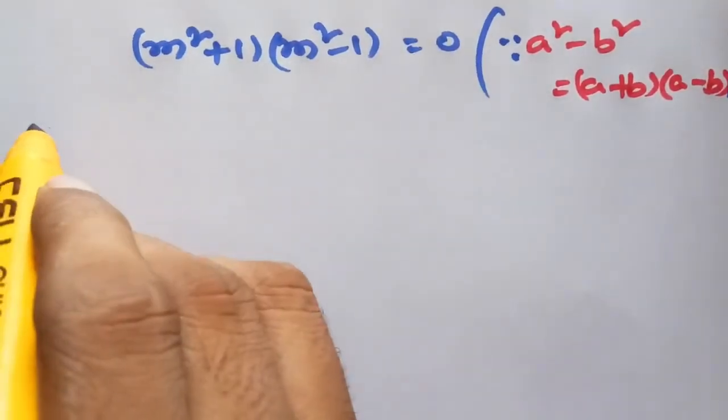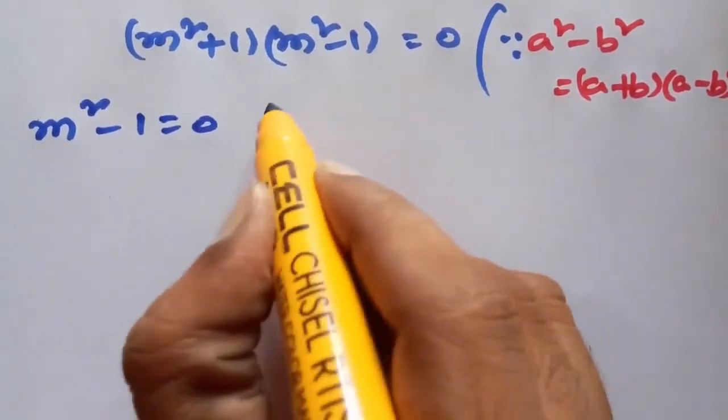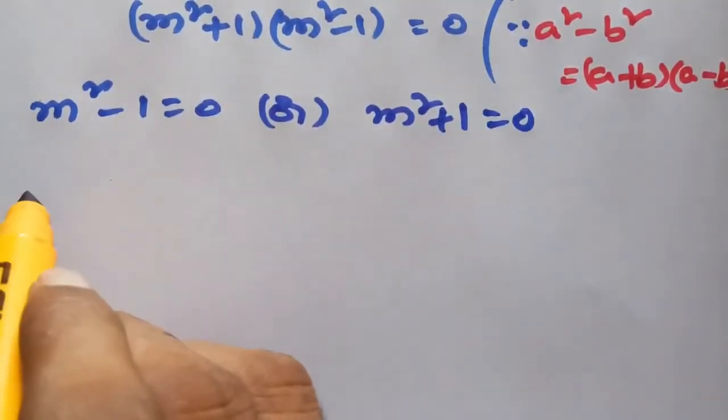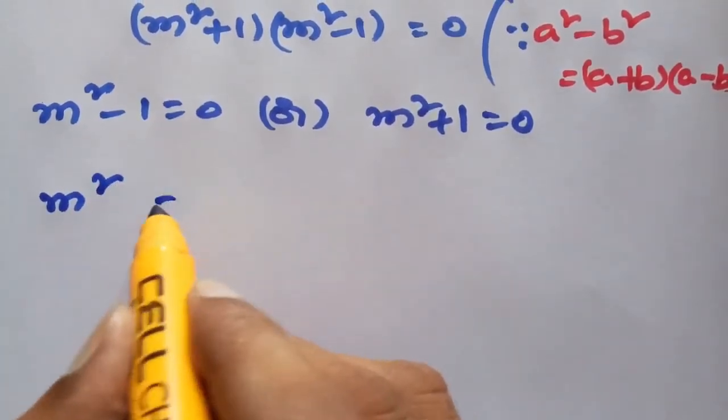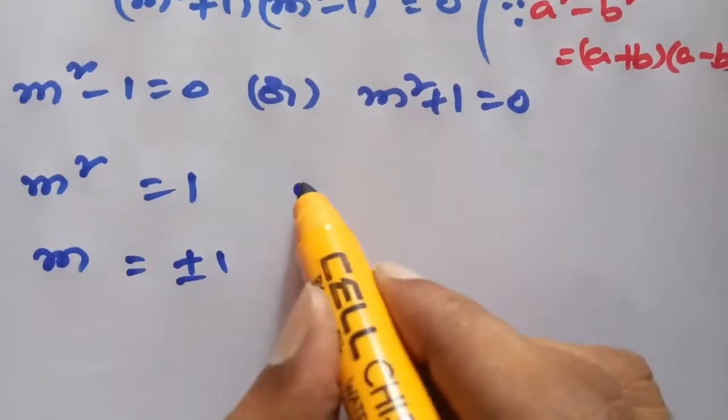Therefore, this can be written as m square minus 1 equal to 0 or m square plus 1 equal to 0. Therefore, m square is equal to 1. Therefore, m equal to plus or minus 1.